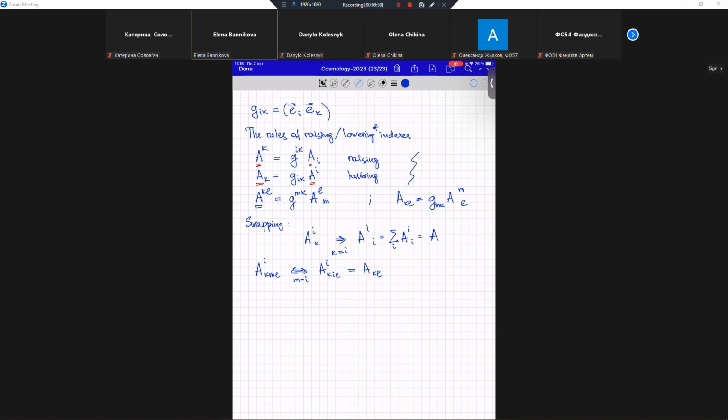The object which we obtain on the left part is also a tensor, and transforms as a tensor of the first or second rank correspondingly.